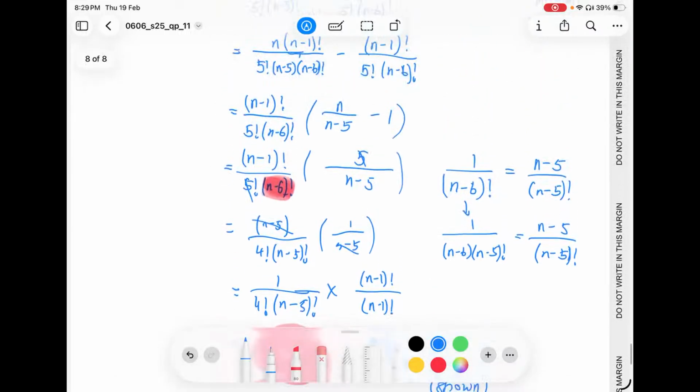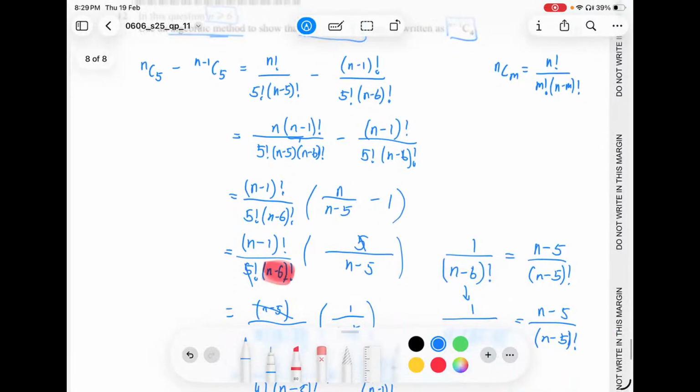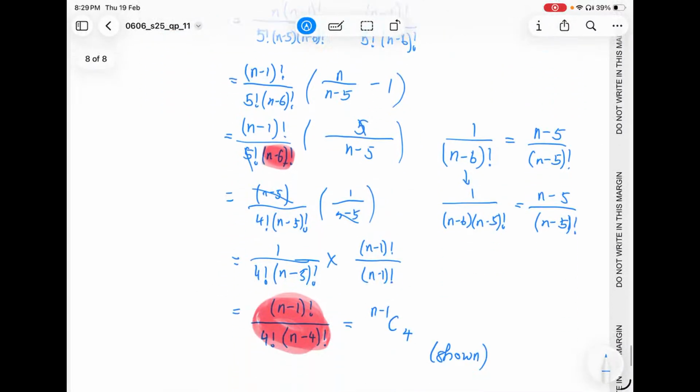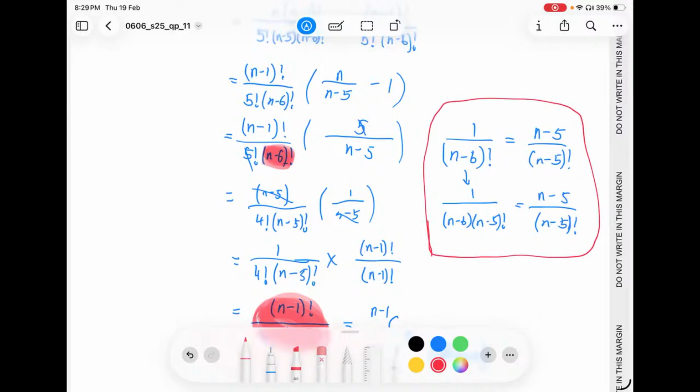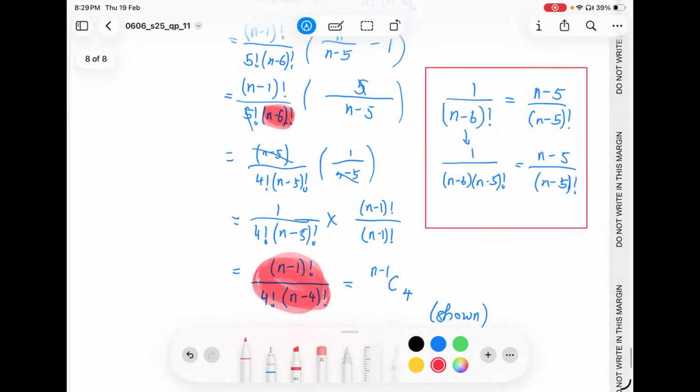There are a lot of steps over here, so I have just simplified it here. I have not written every detail. This is an important part: you need to first know how to convert factorials into different forms. As we saw here, we can convert 1 over n minus 6 factorial to n minus 5 over n minus 5 factorial.